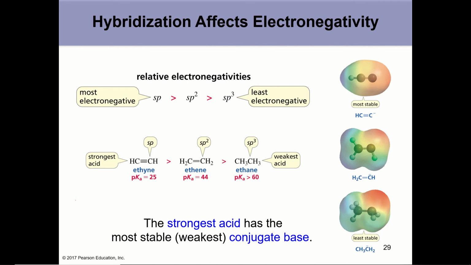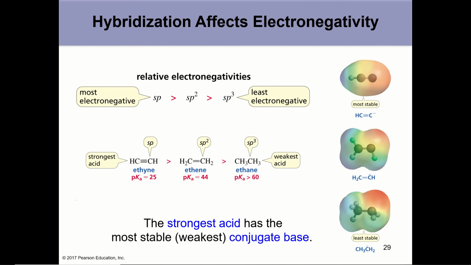And so we can say that when we are comparing in this way, as the percentage of s increases, the electronegativity increases, and that as the percentage of s increases, then the acidity increases.